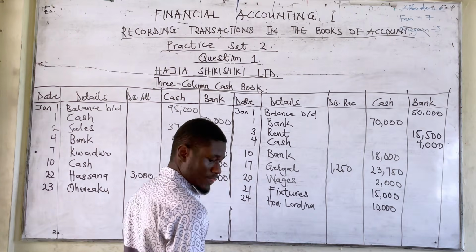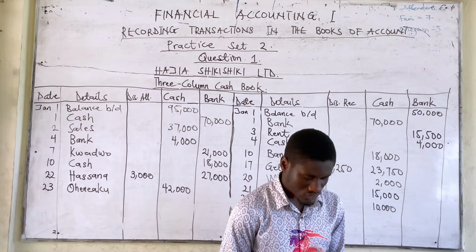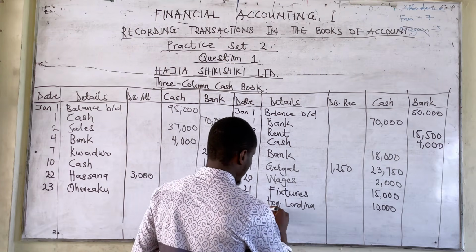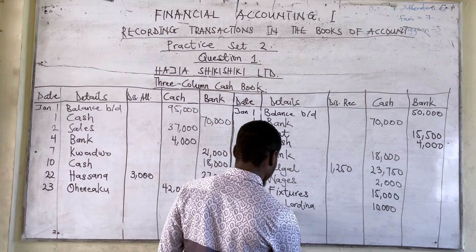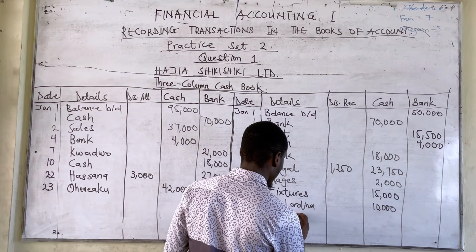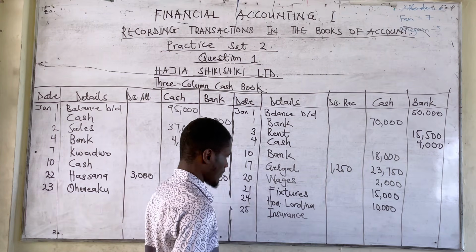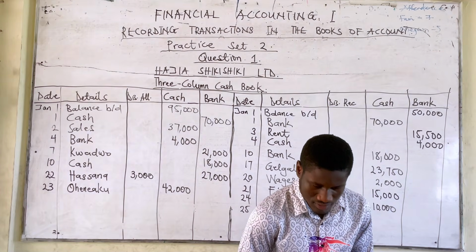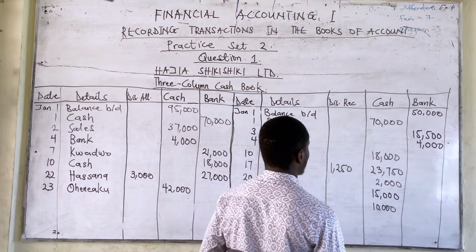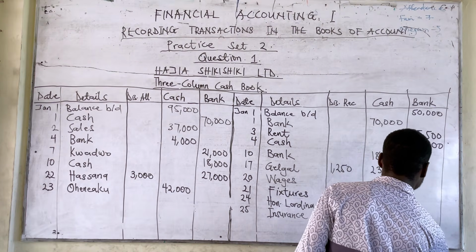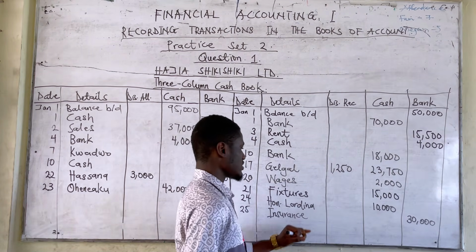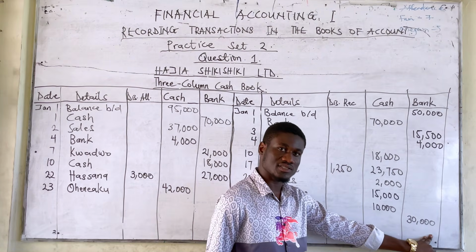So the date is 25th. Insurance. And the amount is 30,000.